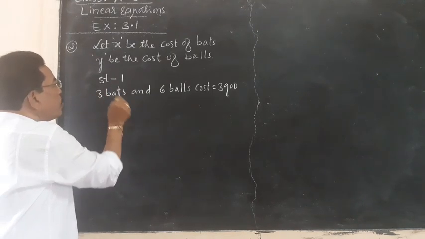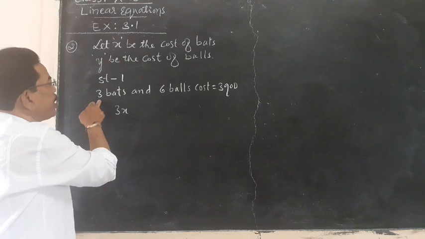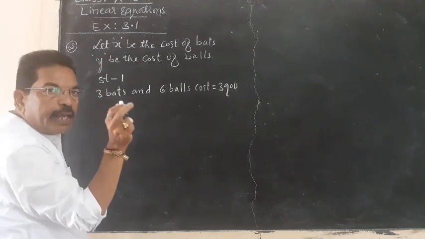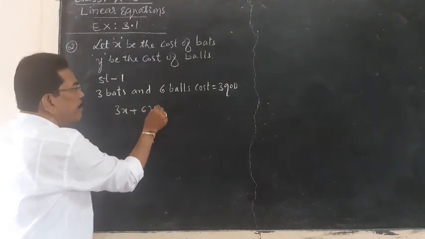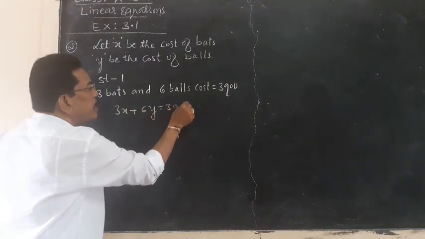Now, according to the mathematical statement, we have considered x as the cost of a bat. So 3x plus 6y equals 3,900.